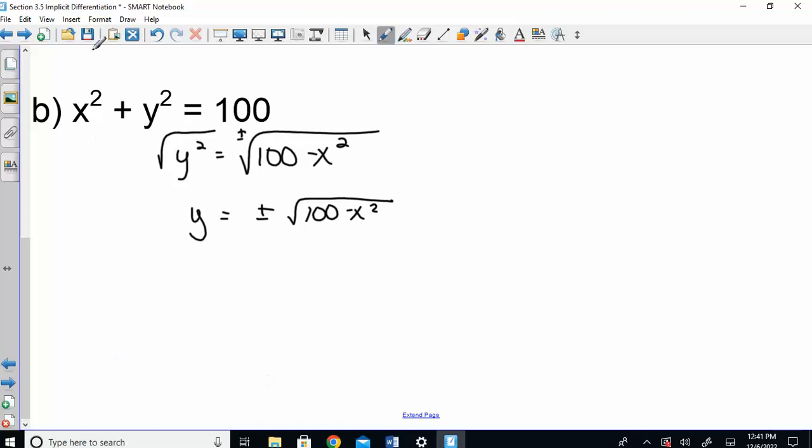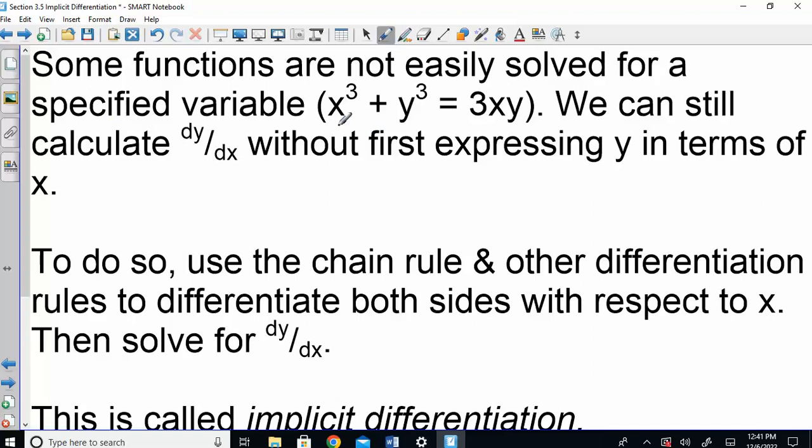But sometimes it might give you an equation where you can't solve for y. Like if I give you this one. We have a y cubed and a y. Do I really have much hope of solving this for y? No, it's going to be pretty ugly. What we can do is still find the derivative, but we're not going to solve for y first.